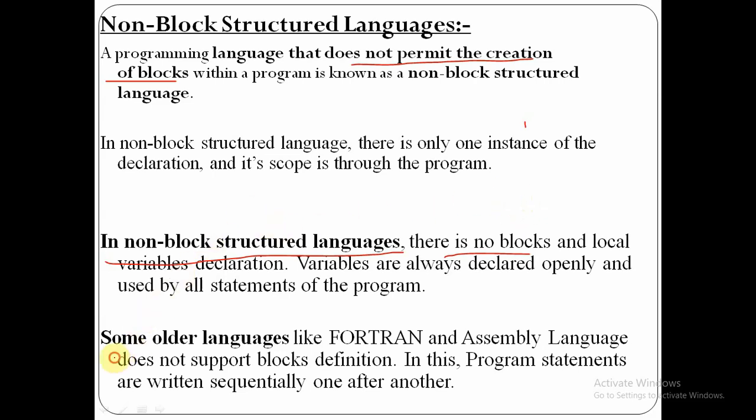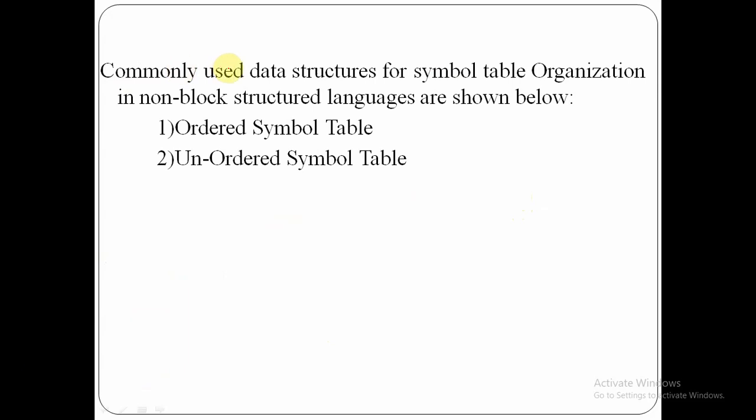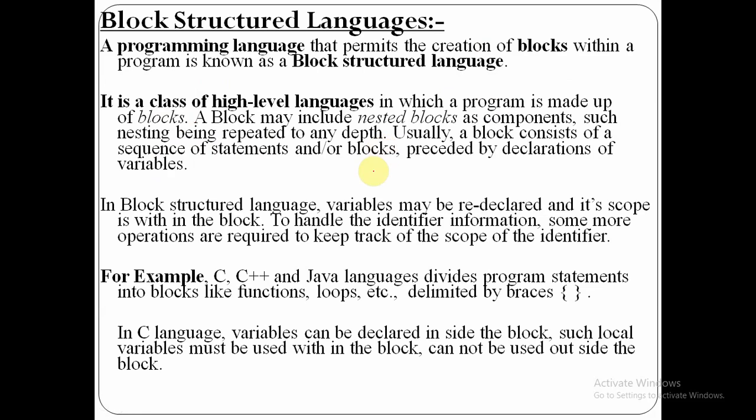Some older languages like Fortran and assembly language do not support blocks definition. In this program, statements are written sequentially one after another. Commonly used data structures for symbol table organization in non-block structured languages are ordered symbol table and unordered symbol table.